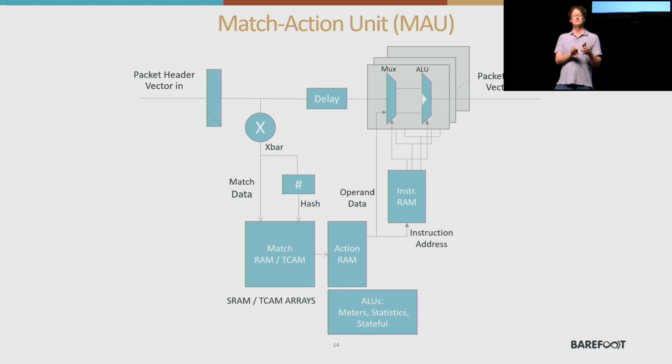Now there are portions of the MAU, the match action unit, which are stateful, and these are functions which are common to any switch. For example, statistics. You may want to record, and this is a common function, the number of bytes or the number of packets that have matched at a particular flow entry. Well, that increments a memory which is taken from the pool of RAMs, and that's by definition stateful. So meters and statistics are in this category.